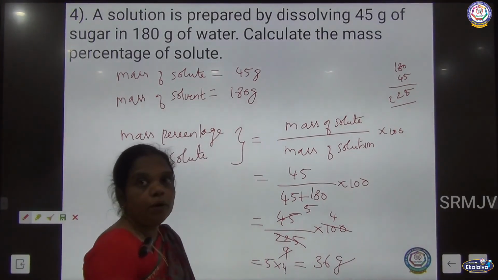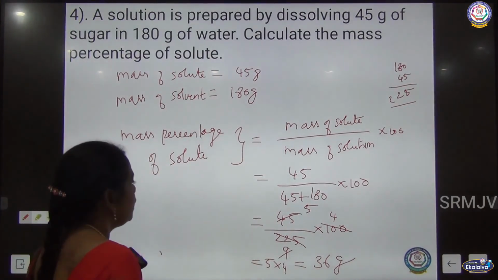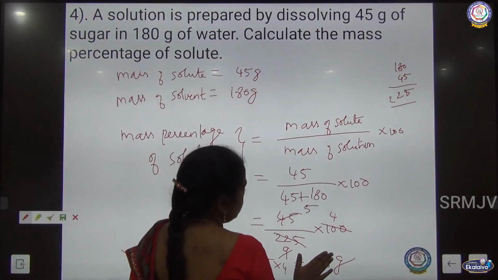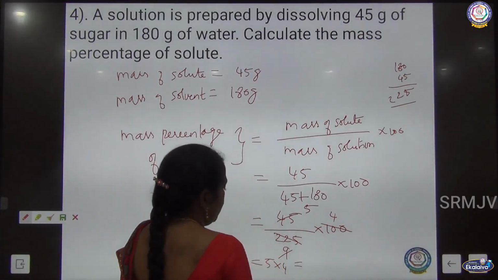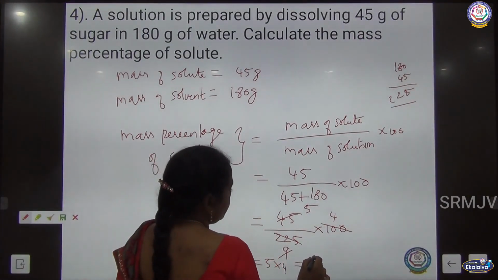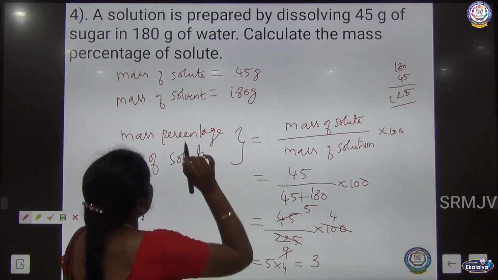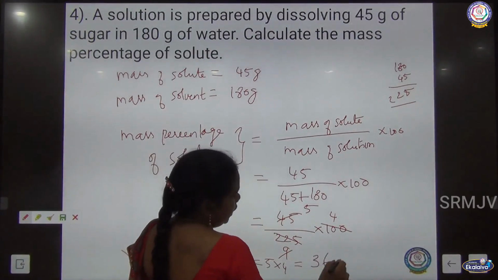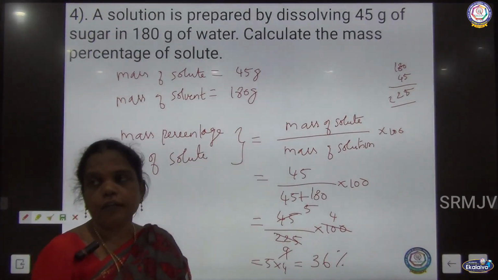So the percentage of sugar present in the solution is 36%. Understand?